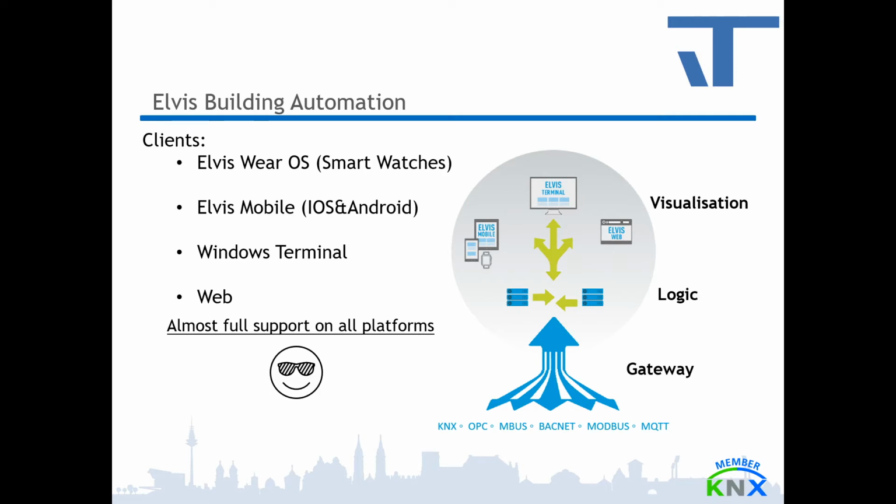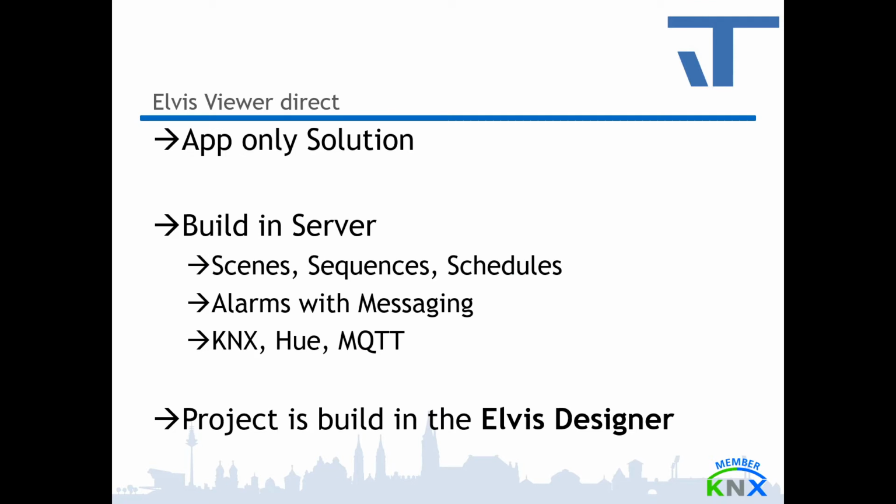Last but not least, we have a special app, the Elvis Direct. So what makes this app special? It is an app-only solution. It offers the basic features a smart home needs, starting with automation with scenes, sequences and schedules, to alarms with messaging.